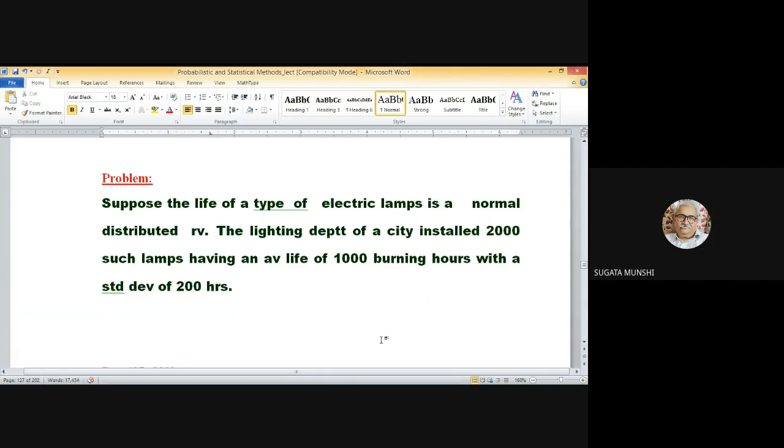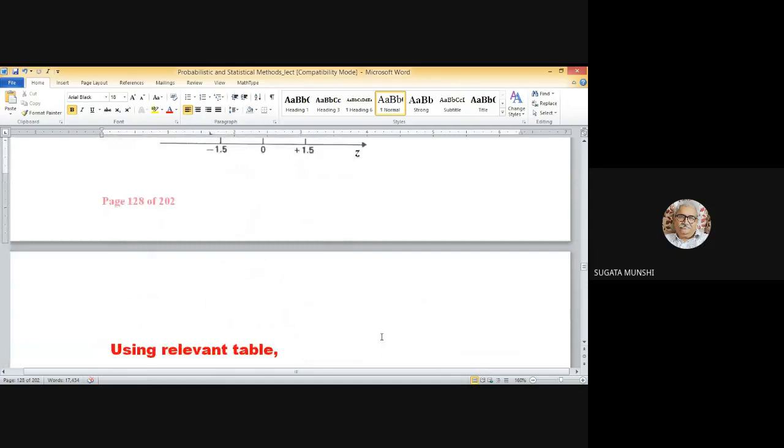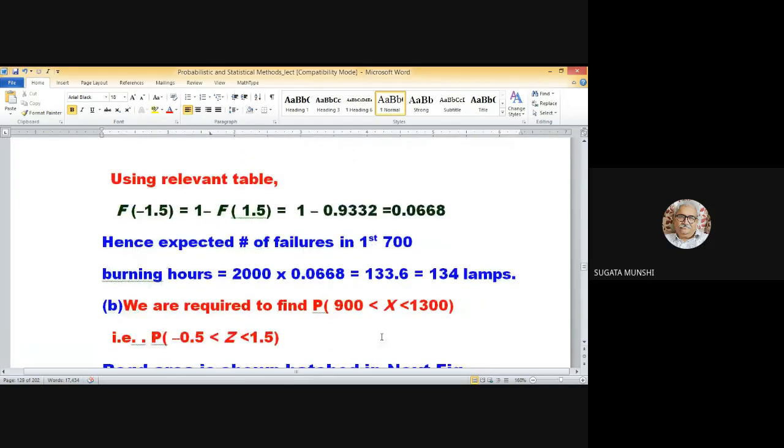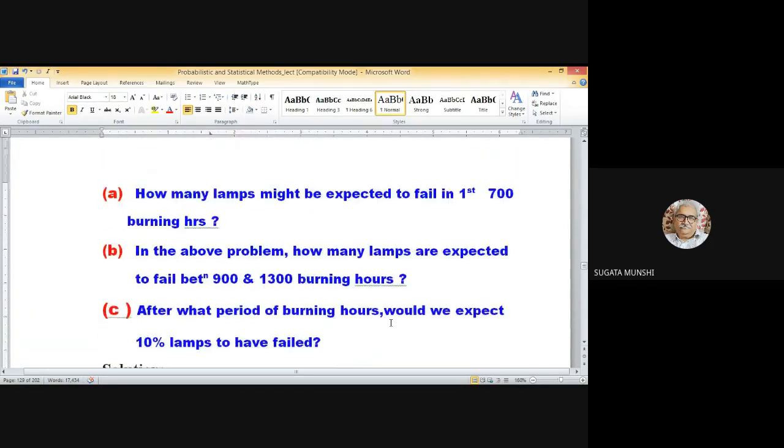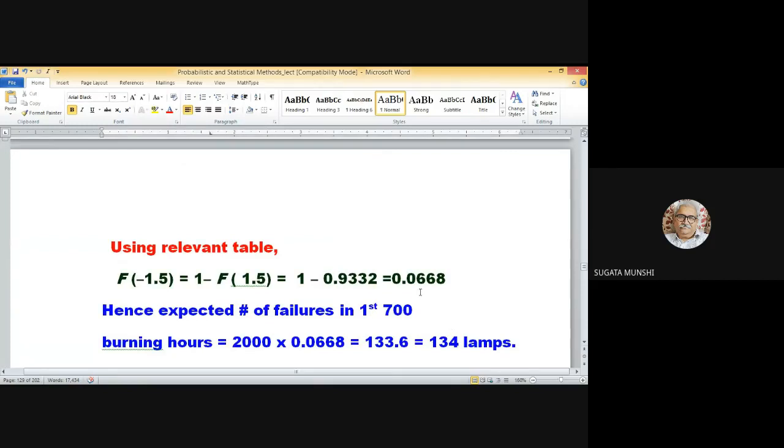You may think in this way: think of an experiment where several such identical lamps have been put into operation under new condition, and you find that over a span extending up to 700 burning hours, 0.0668 times the number of lamps have failed.